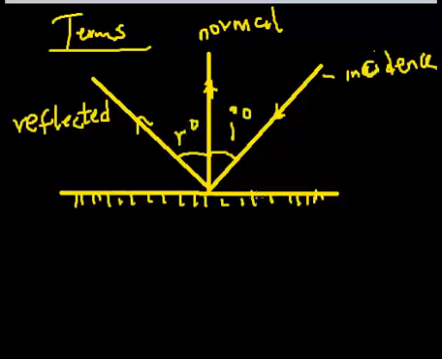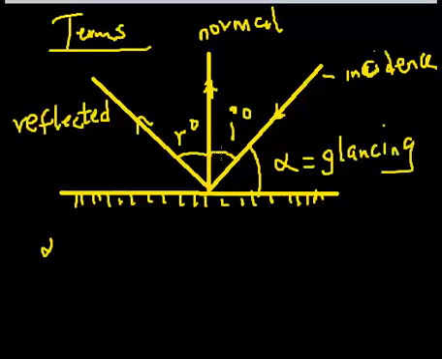Now there's an angle here, between the incident ray and the surface. I call it alpha. This angle alpha is what is known as the glancing angle. As you can see from this diagram, the normal and the mirror are perpendicular to each other, so that is 90 degrees.